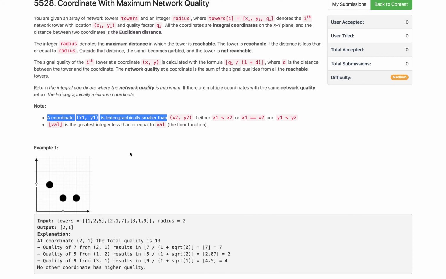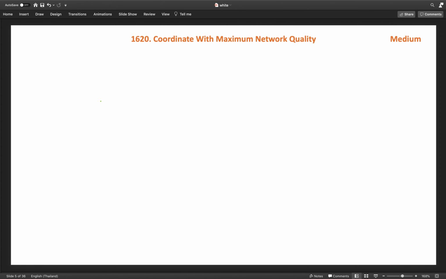For getting that desired result, we need to create a custom comparator. Our priority queue, let's shorthand it PQ, will have an array of integer type with three attributes. First is the quality, the total quality on that ith tower.